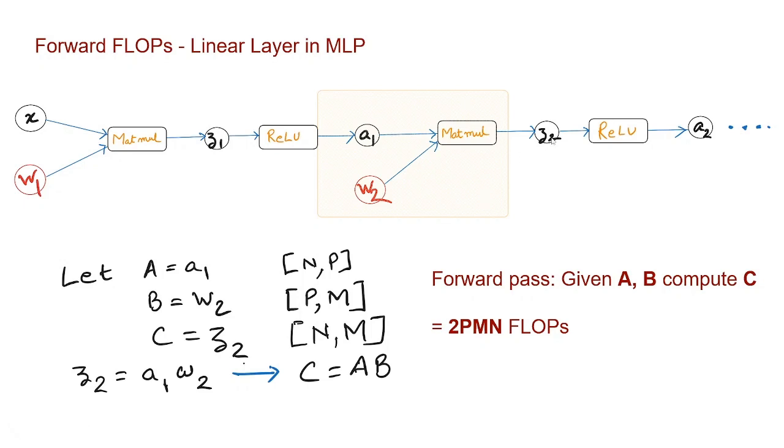So to get Z2, in the forward pass I multiply these two matrices, and that can be written as obtaining C from A and B. And we saw in the previous slide that this operation takes 2pmn flops. So the forward pass of just this particular portion of the network takes 2pmn flops.